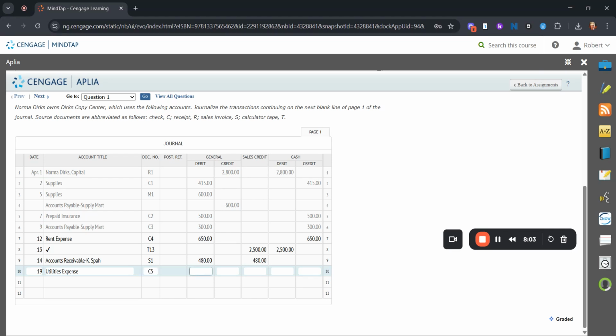So that's going to decrease the owner's equity, that expense amount. So it decreases the owner's equity, so $220 in debit. Then we decreased cash by paying for it with a check, so a decrease in the asset, $220 credit.